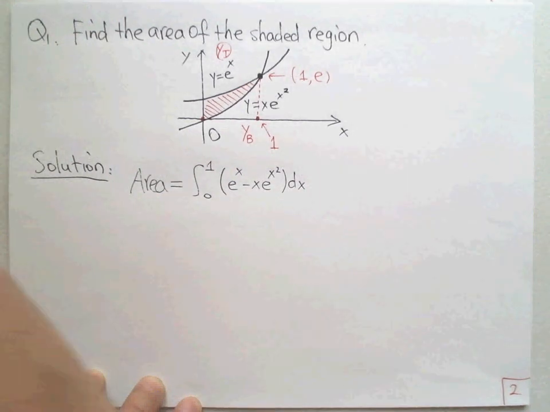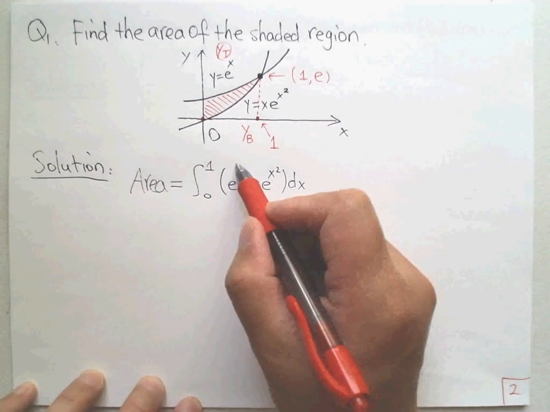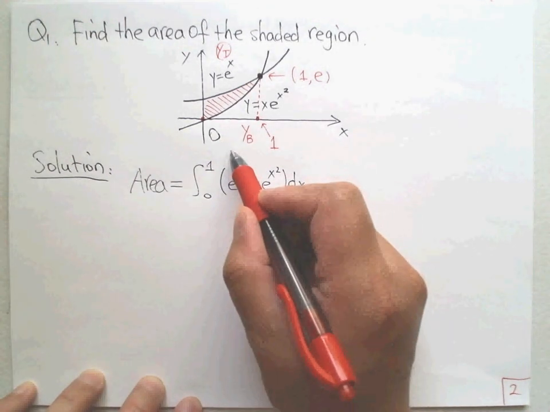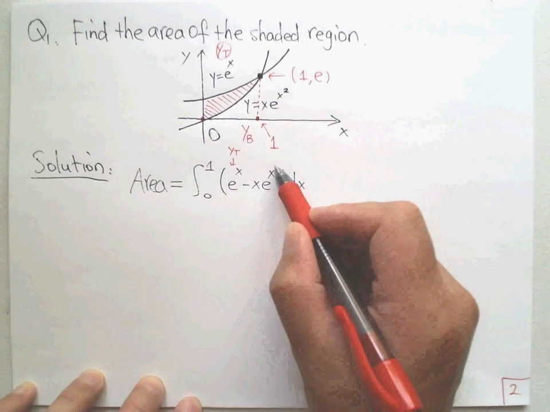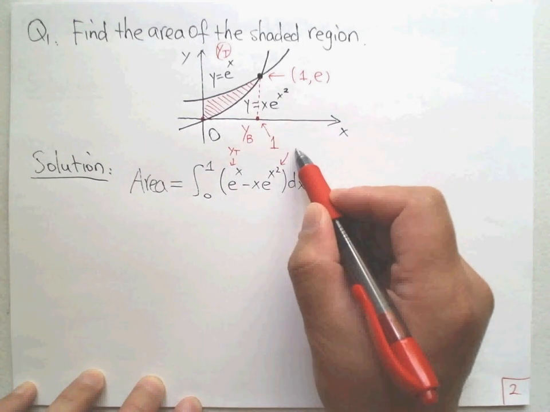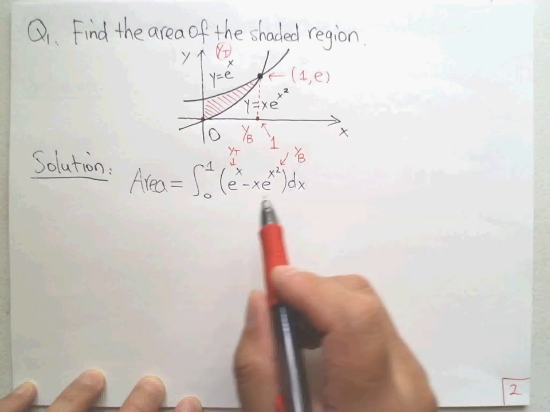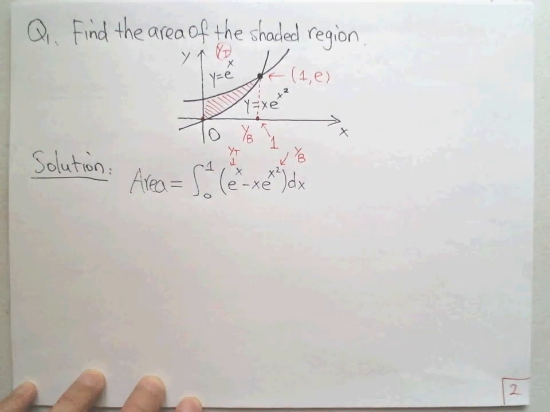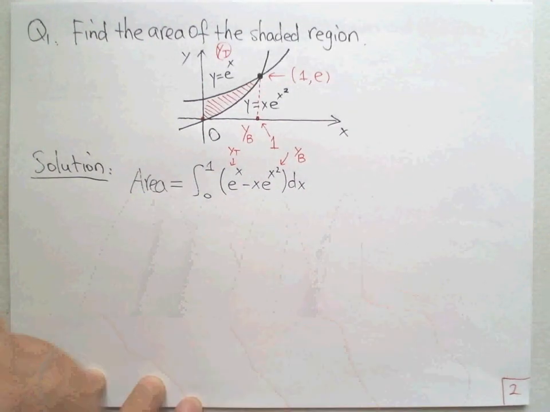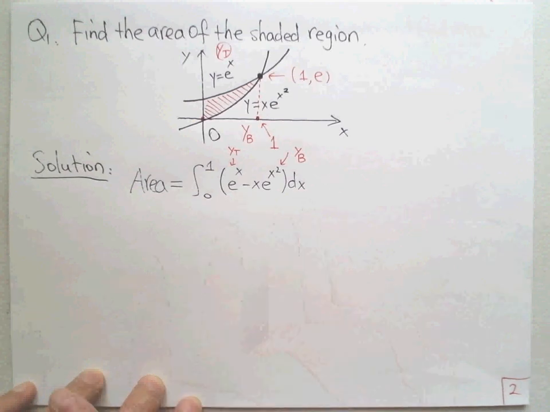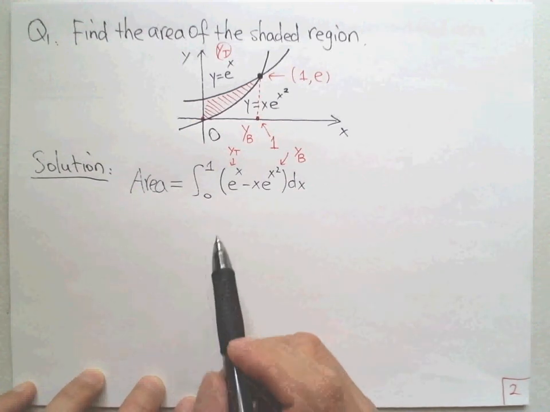This one is y top and this one is y bottom, so that's what the formula tells us. Now we form the mathematical question into the formula. The setup is ready. The next step is just easy, going to do the calculation.